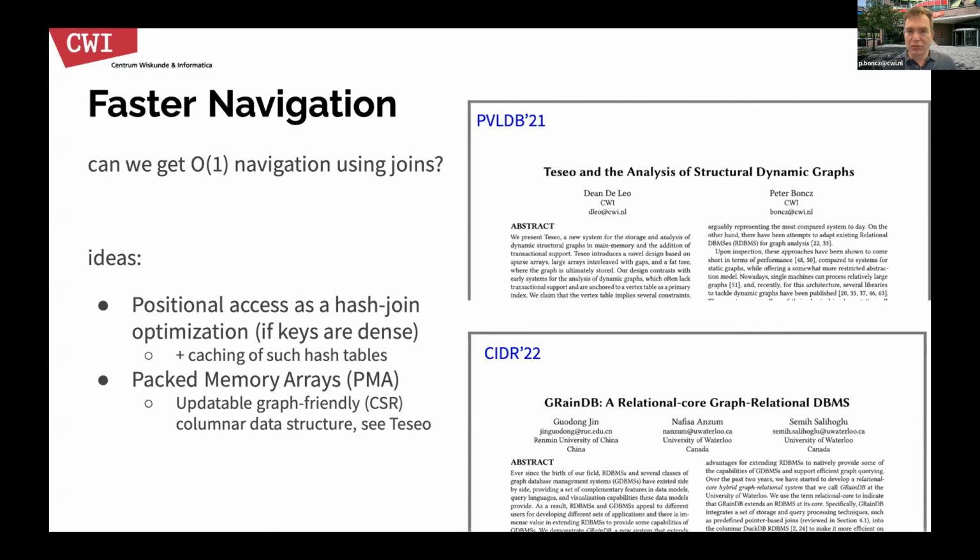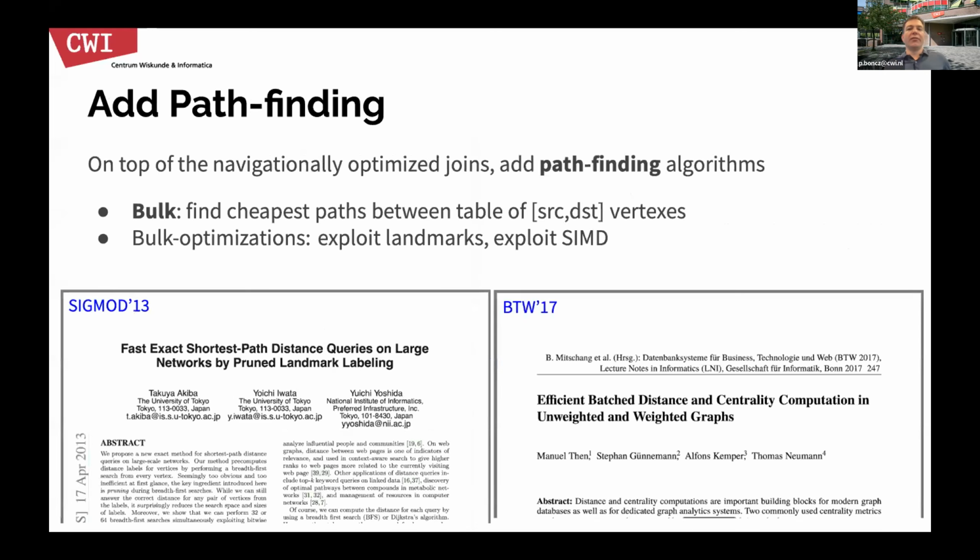So I would like to point you to this PVLDB 2021 paper, and also to the paper in CIDR 2022 on GrainDB that uses DuckDB and adds some support for positional joins in order to accelerate graph workloads. So that's definitely the direction that you could be following if you want to optimize joins further.